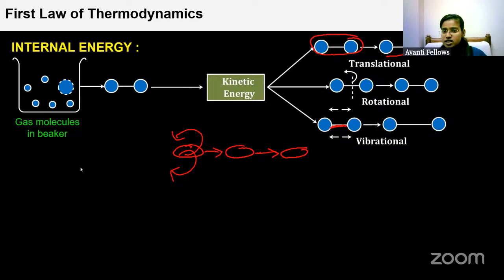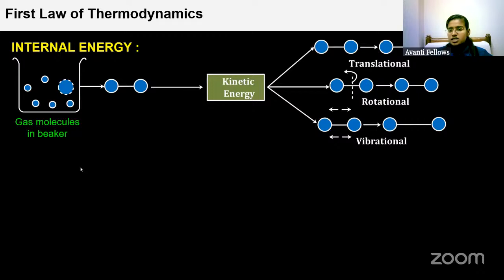It gets stretched out and can again come back. That is called vibration, and the energy associated with that is vibrational energy. So translational, rotational, vibrational, all these together are called the kinetic energy of the molecule.